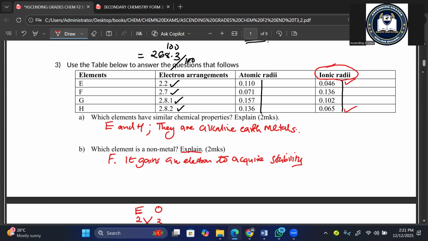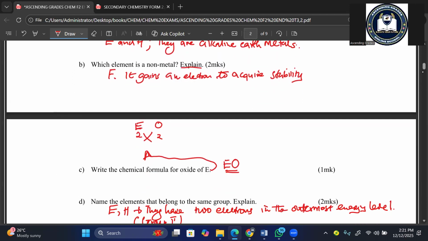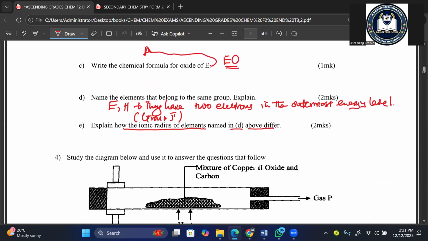So we can say H has more energy levels than E, which accounts for the difference.